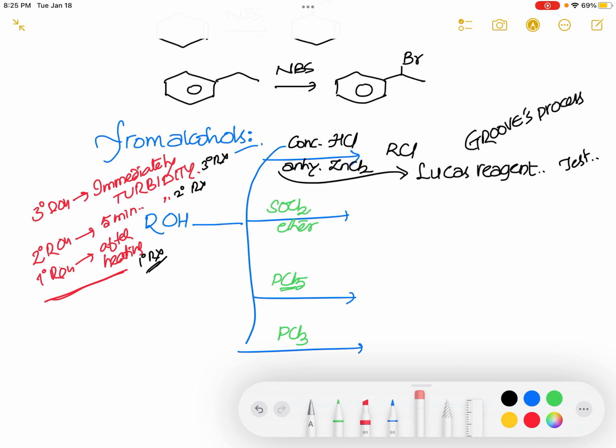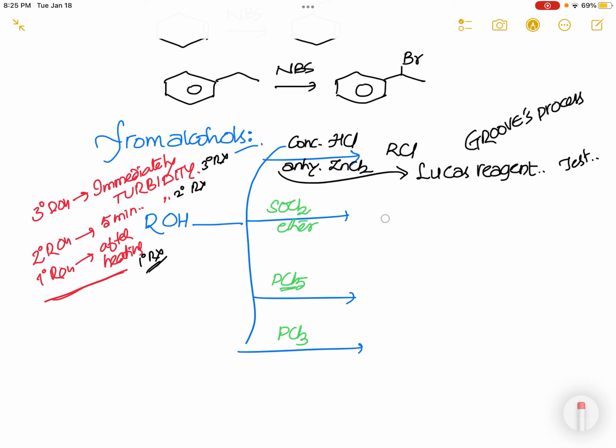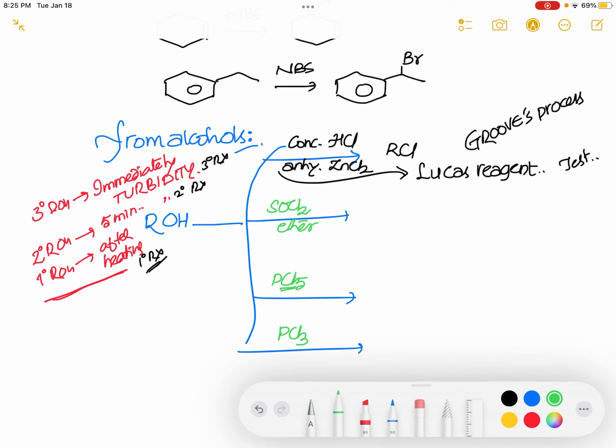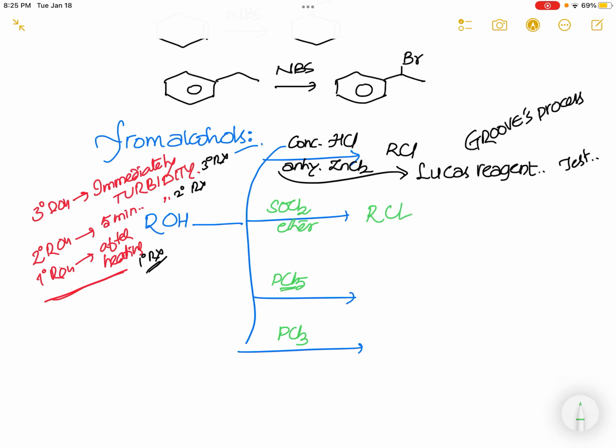See what happens here: RCl plus SO2 plus HCl. SO2 is a gas, HCl is again a gas, so these can be removed easily. That's why formation of RCl is best in this method, because the byproducts are gases and you get the purest form. With PCl5, RCl plus POCl3 is formed.